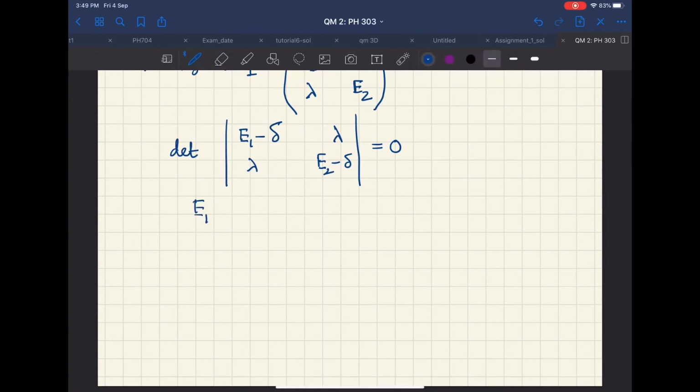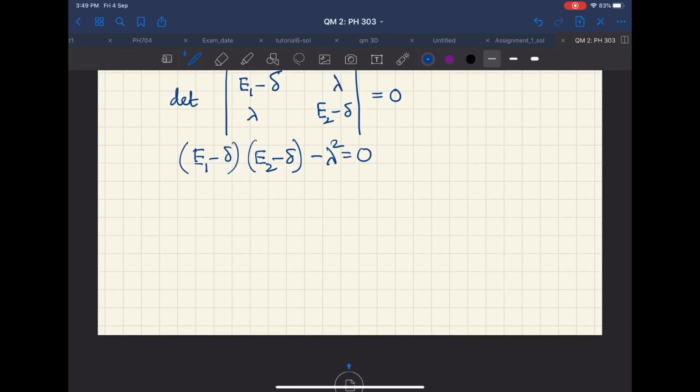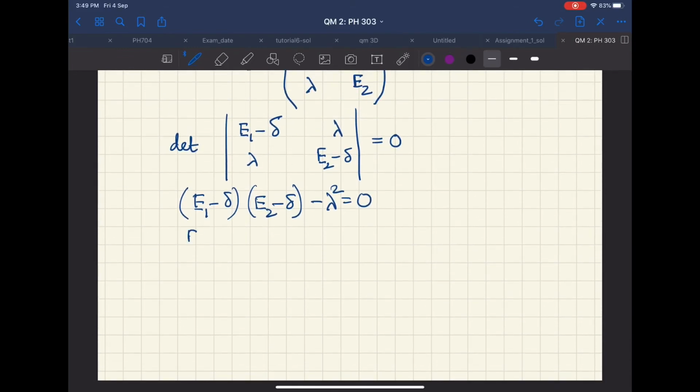This is (E1 minus delta)(E2 minus delta) minus lambda squared equal to 0. So this is going to give us E1 E2 minus delta (E1 plus E2) plus delta squared minus lambda squared.